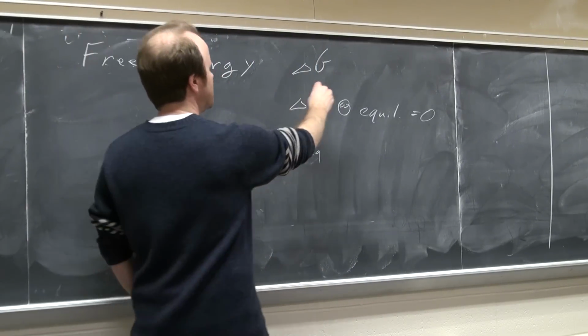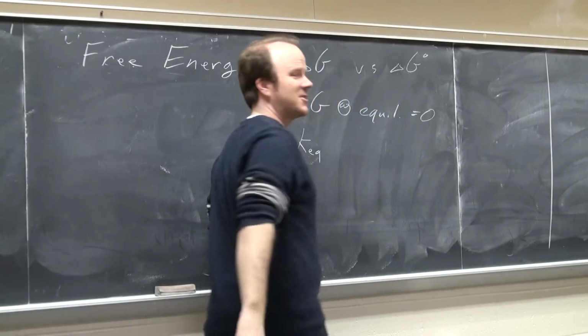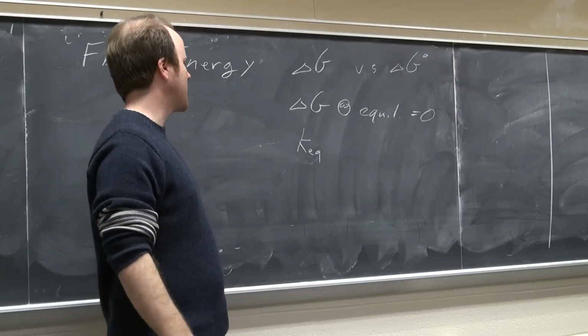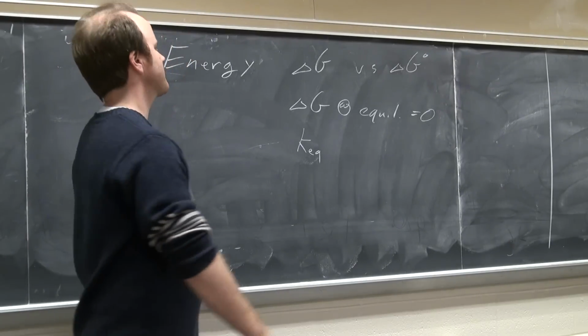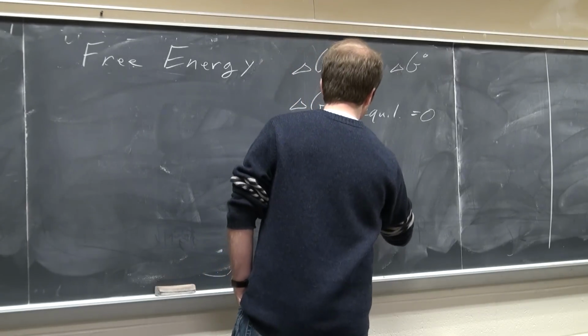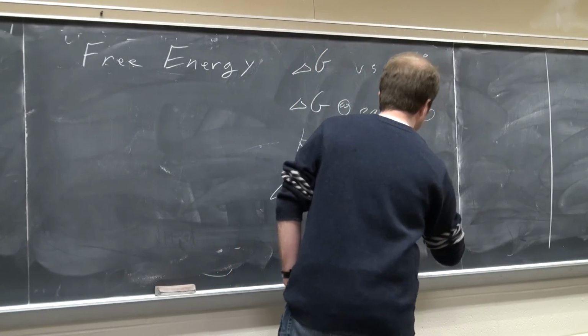Remember, delta G versus delta G 0 are different. So how is KEQ related to delta G 0? Delta G 0 is negative RT ln KEQ.